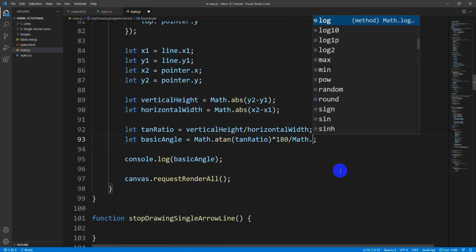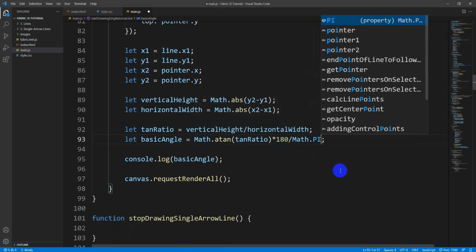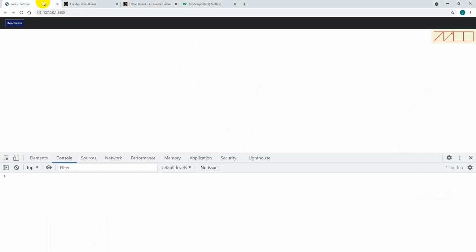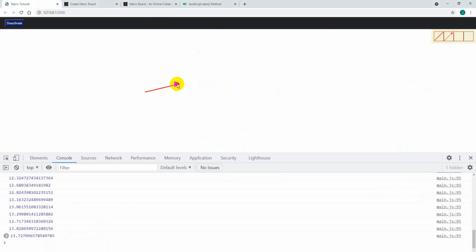So Math.PI. Let's console log this and see whether now it is in degrees. As you can see, now it is in degrees. Let's say this is 18 degrees. If I go up, I'm reaching 90 degrees.